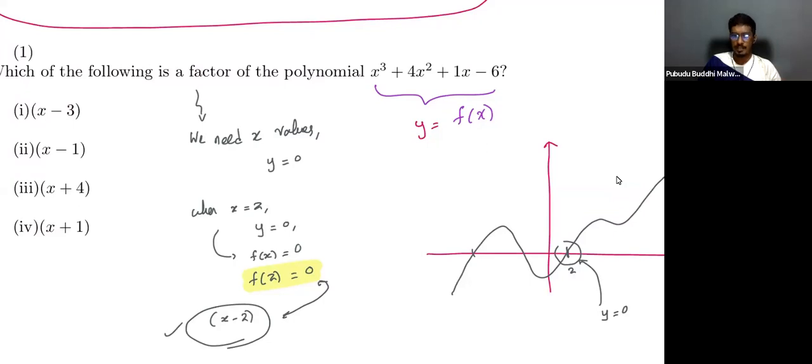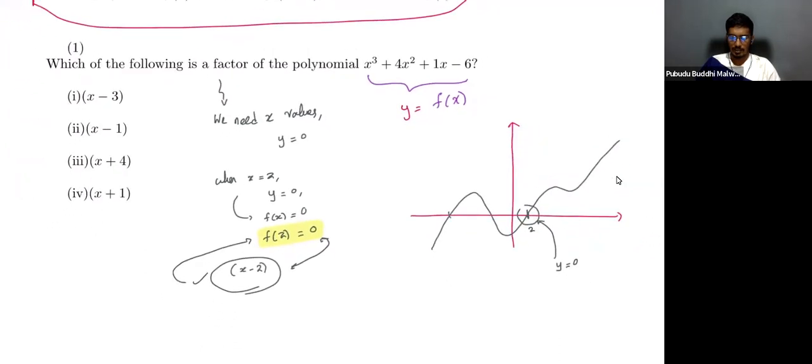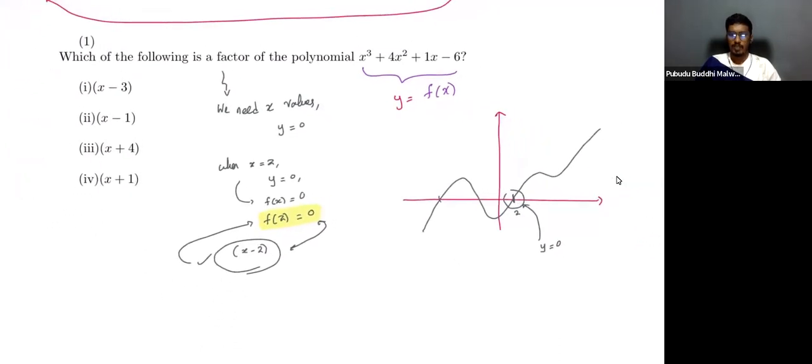And also the other direction. When x minus 2 is a factor, x equals 2 is an x-intercept. Like that. Now, how would you apply this concept for this question? That's the most important thing. So we need these values, basically these values. There can be more, can be less. But the most important thing is finding those values.